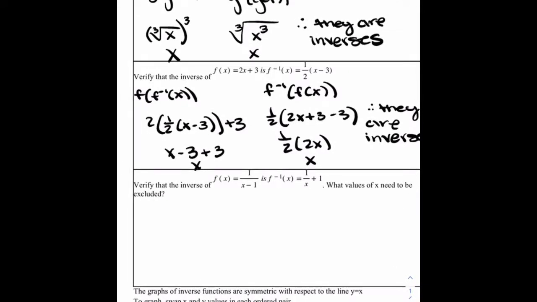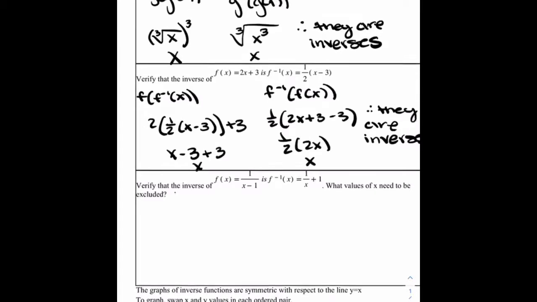And then we're also going to have to state the excluded values here. We can look at the excluded values now, and that's on both f and the inverse of f. What can the denominator not be to make it 0? So for f, x minus 1 can't equal 0, so x can't equal 1. And for f inverse, x can't equal 0.